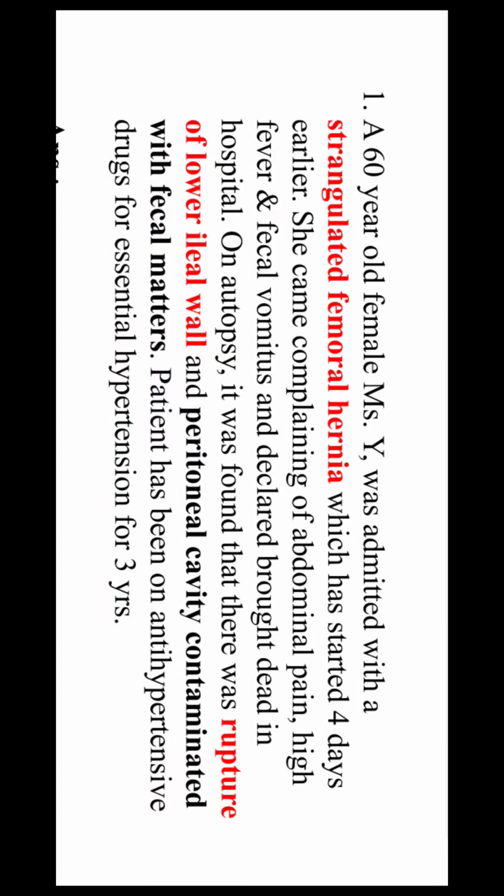On autopsy, it was found that there was rupture of the lower ileal wall and peritoneal cavity contaminated with fecal matter, and the patient had been on antihypertensive drug for essential hypertension for 3 years. You have to fill all the given information in the MCCD form, and I will demonstrate here.